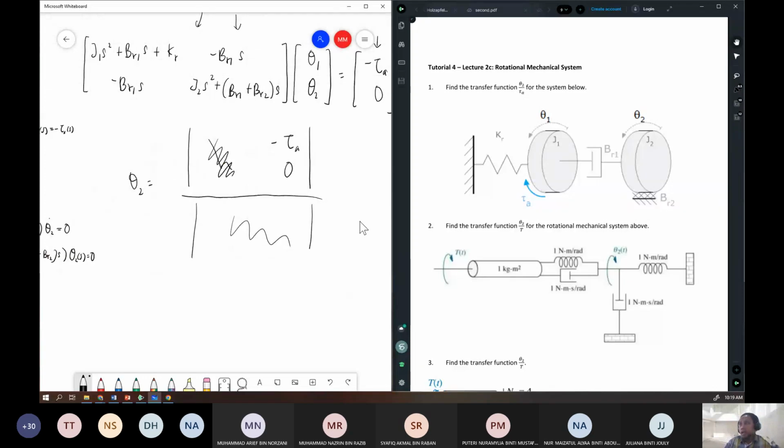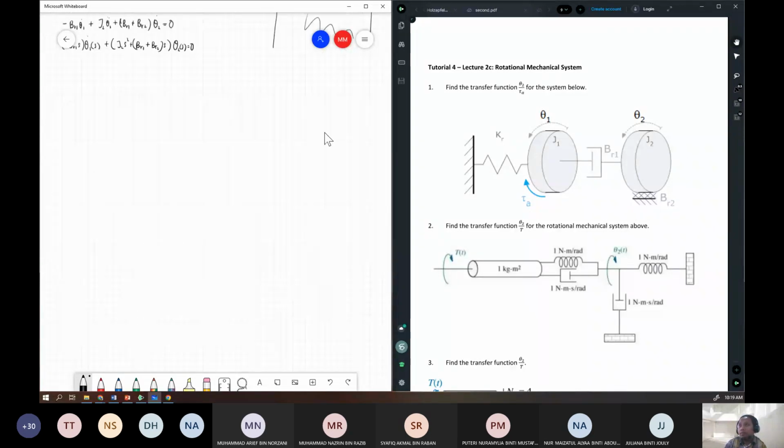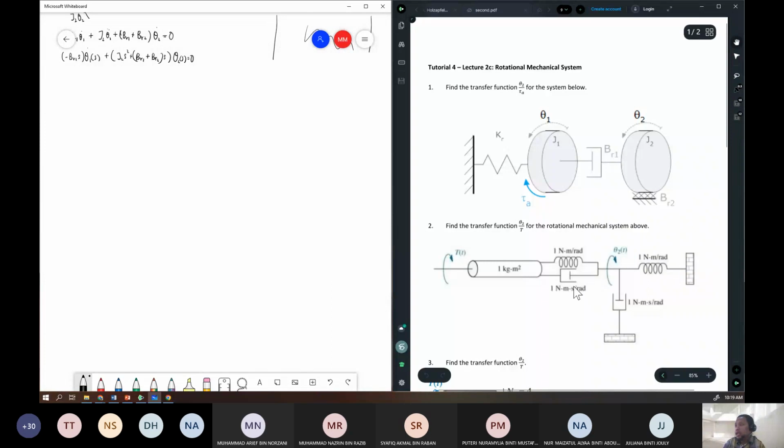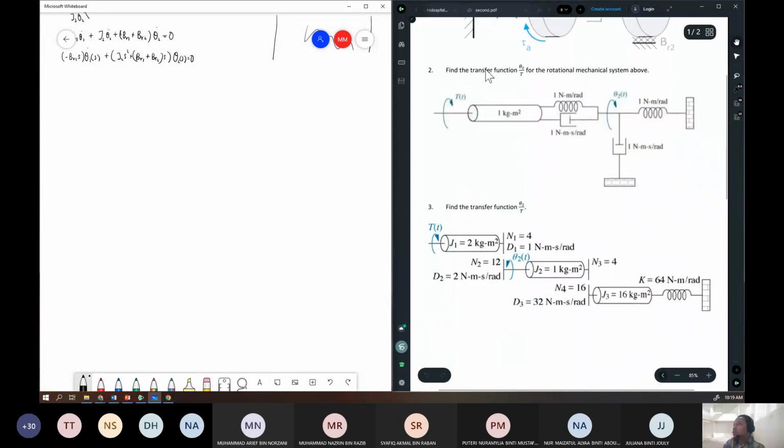So the process is similar to the translational mechanical system. Now let's look at the second question: find the transfer function theta 2 over T for the rotational mechanical system below.